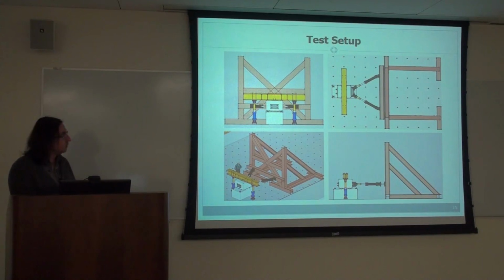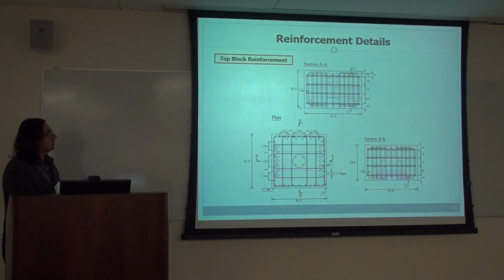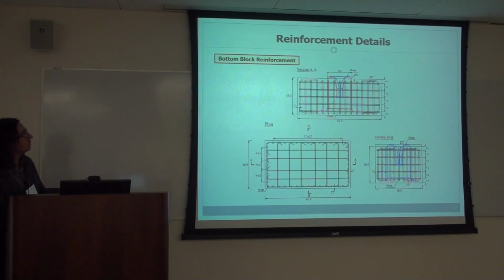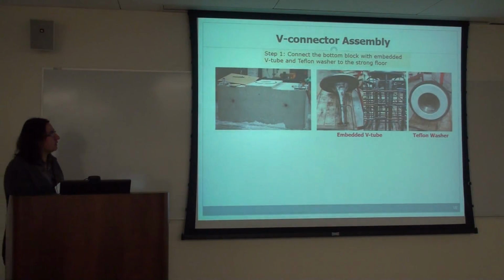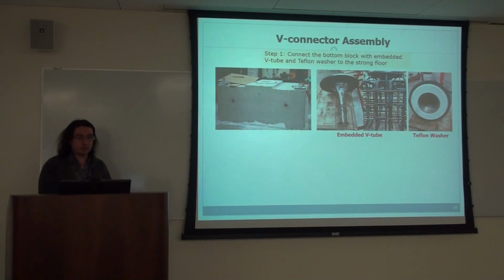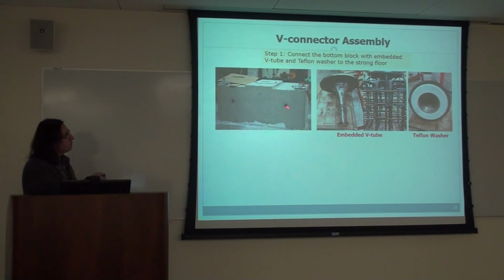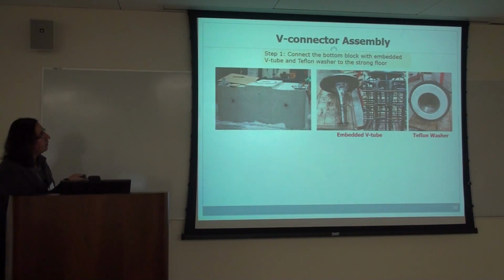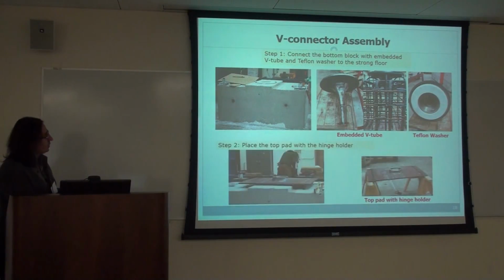And these are just some slides that show the reinforcement details of these heavily reinforced concrete blocks. There is a construction sequence. The V-tube gets placed in the reinforcing cage first, and then the concrete bottom block is cast, and then this bottom block is connected to the strong floor.